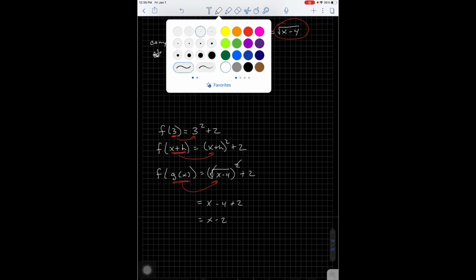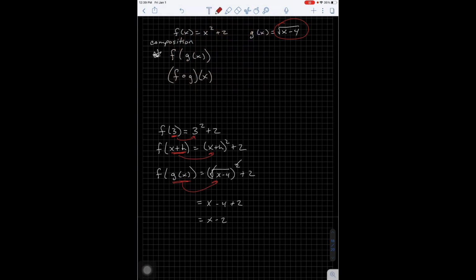Now, domain with these functions is a little more complicated than just checking your answer. Our answer to this composition is x minus 2, and that doesn't have any fractions or roots. But the issue is that our beginning functions did. And so this g of x is not allowing certain x's to be plugged in, even though the answer seems okay with it.